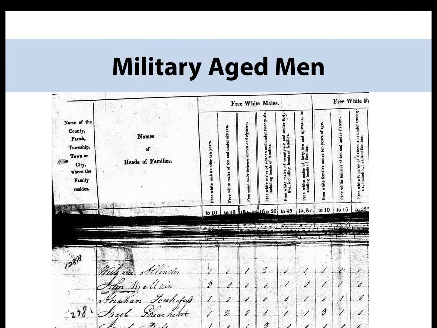Also, interestingly, are military-aged men, which would have been males between the ages of 16 and 18, who would have been born about 1802 to 1804. And they're going to be included in both columns. So right here is the 16 to 18 column. And then there's also this 16 to 25 column.